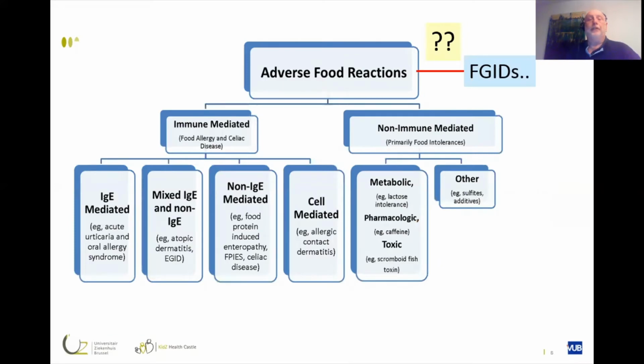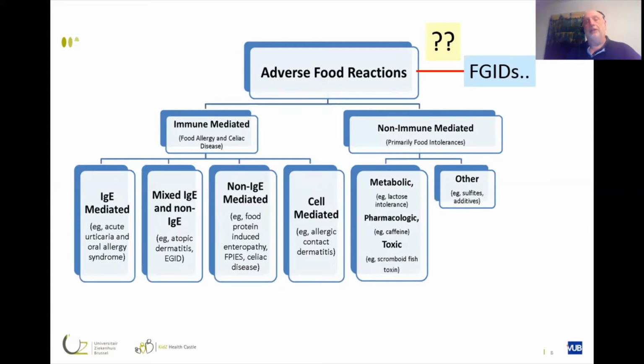So adverse reactions to food can be divided in immune-mediated reactions and non-immune-mediated reactions. The non-immune-mediated are metabolic or other reactions. And the immune-mediated reactions are IgE-mediated or non-IgE-mediated, or mixed IgE and non-IgE, and also cell-mediated reactions do exist.